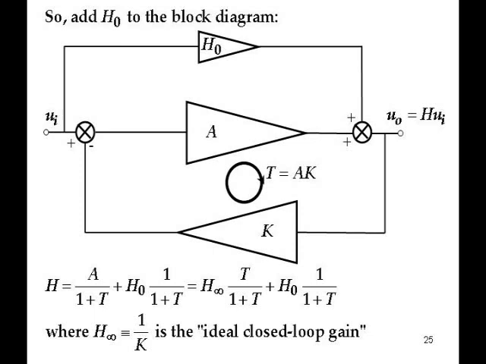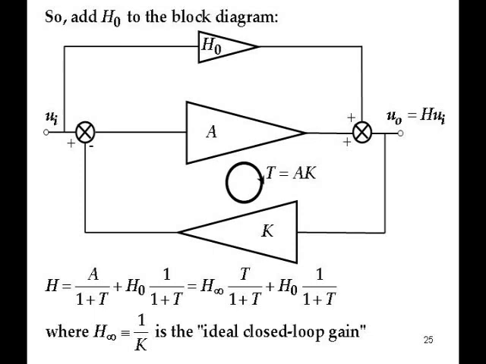But since the feedback network is a passive network, almost invariably, it's bidirectional. And so that arrowhead does not adequately represent the reverse transmission through the feedback path. So let's put it in as a separate box. That's the H0 up at the top. So now we've accounted for that non-ideality.